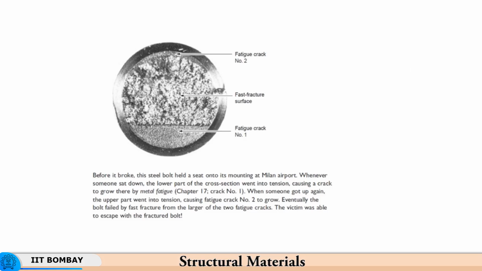People come and sit on a seat which was meant for making the passengers comfortable, and that bolt suddenly gave way because of the crack. So this is the source of the fatigue crack. There is a fast propagation of the fatigue crack over here, another crack initiated over there, and then there is a fast fracture at the center, due to which the bolt snapped all of a sudden.